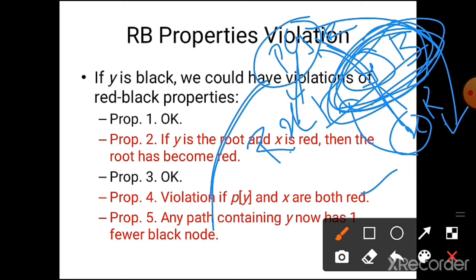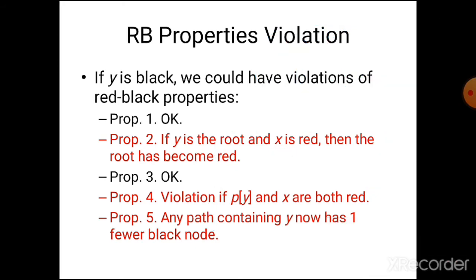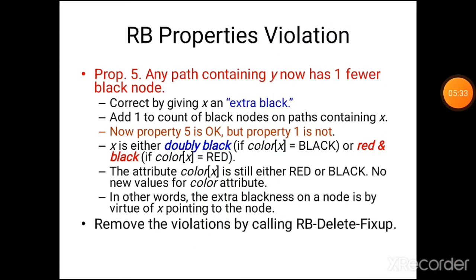So we are using some recoloring, same as the rotation. Here we know that it violates the fifth property: any path containing y now has one fewer black node. So how to fix it?